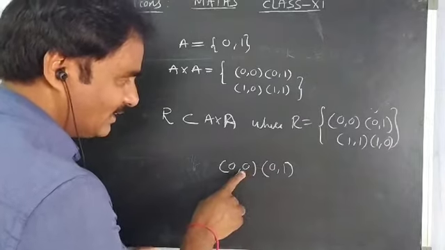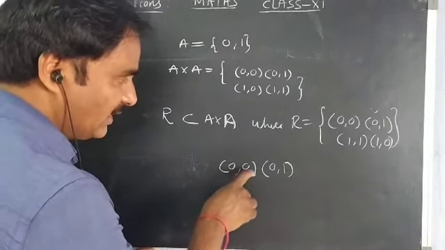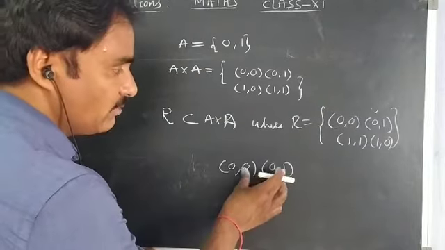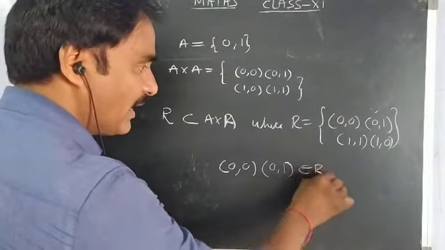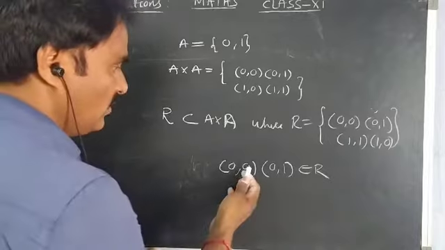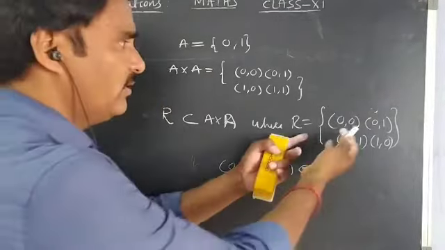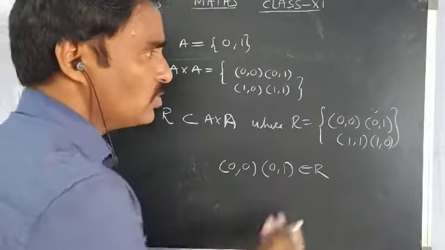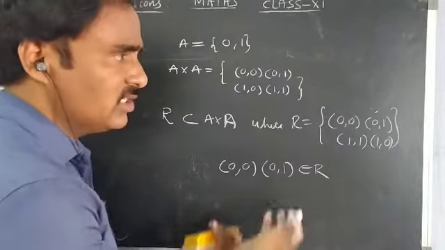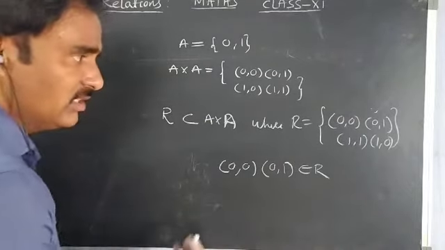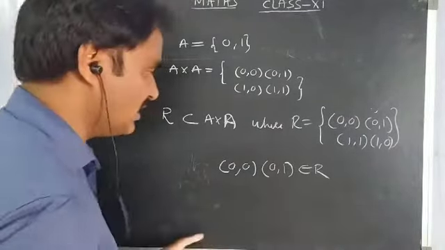You should take them in such a way that the first ordered pair's second element and the second ordered pair's first element should be the same. If they are the same, then only you can take those ordered pairs and check the transitive condition. If that type of ordered pair does not exist, then we cannot check the transitive condition. That means transitive already holds, no need to prove whether it is transitive or not. Directly you can write it is transitive.